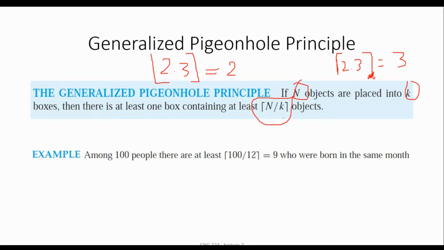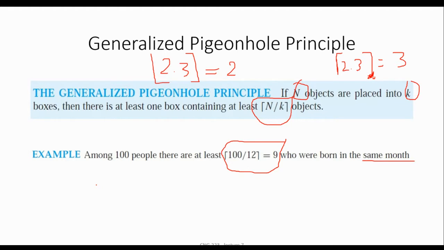So if this is the case, you can easily calculate it using this formula. As an example, among 100 people, there are at least this number of people who were born in the same month. Obviously, the condition that we should consider for this example is that all people have the same probability for each month to have their birthday.